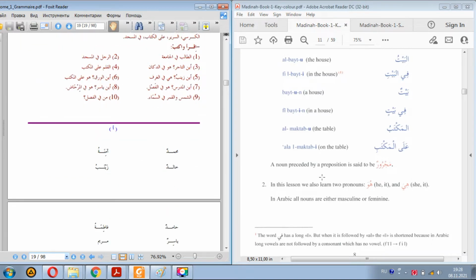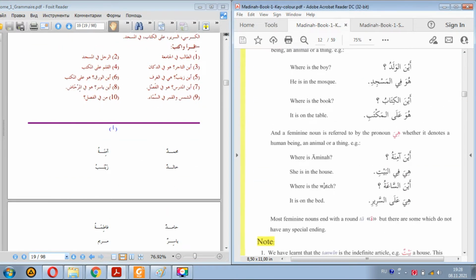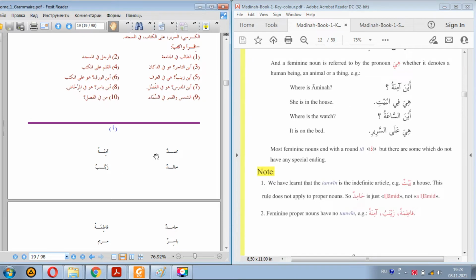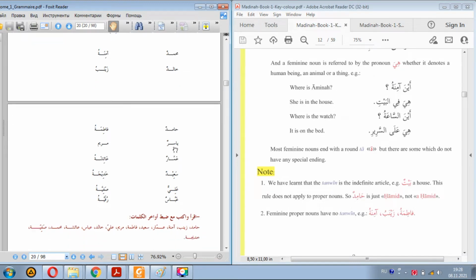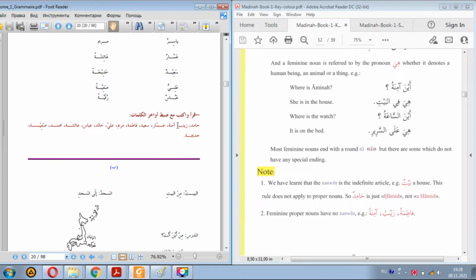And here we also learned that feminine proper nouns have no tanween, like Aminatu, Zainabu, Fatimatu, Maryamu, Aishatu, Khadijatu. That's what we learned in the last lesson.